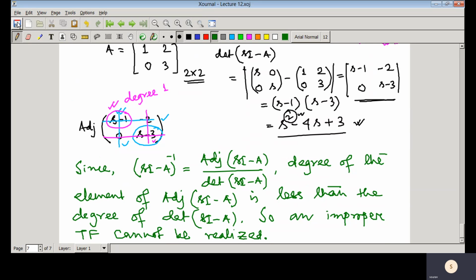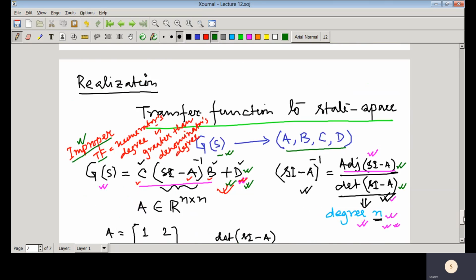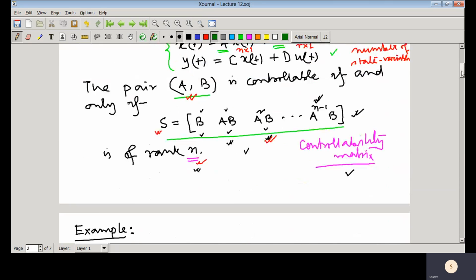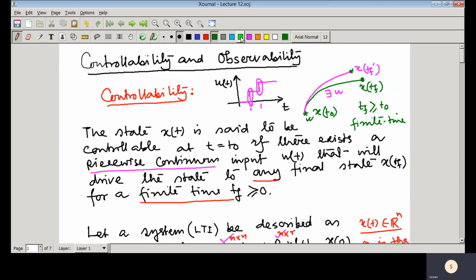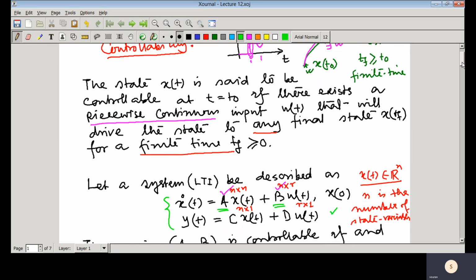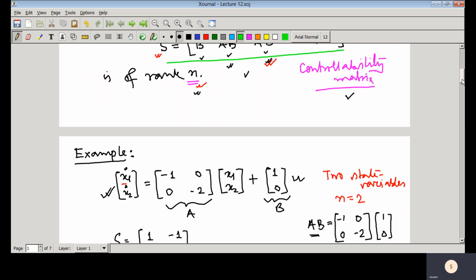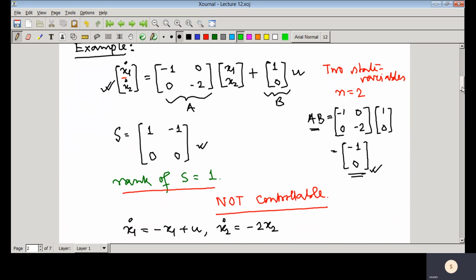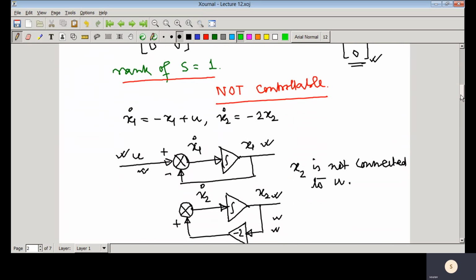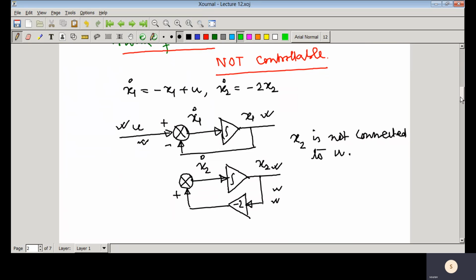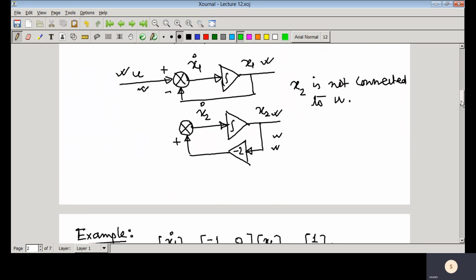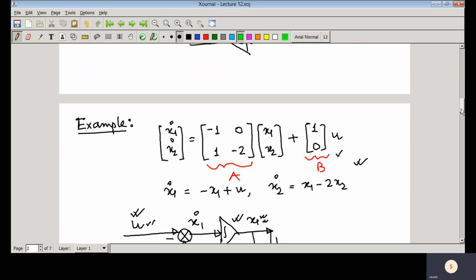So today we started with two structural properties, controllability and observability. We saw the definitions and understood these structural properties via some examples, and we drew the state diagram from where those structural properties are very clear.